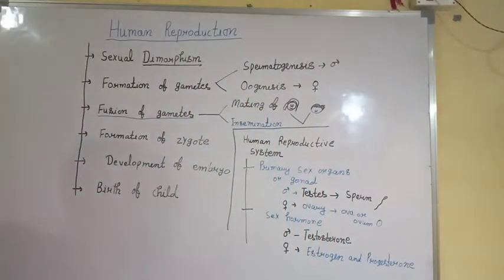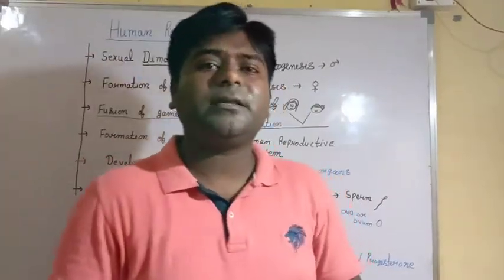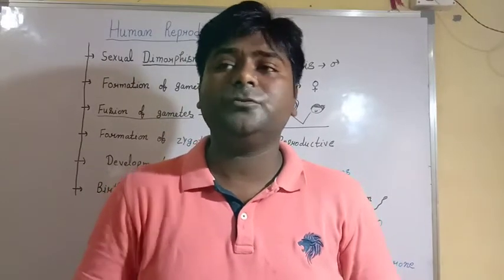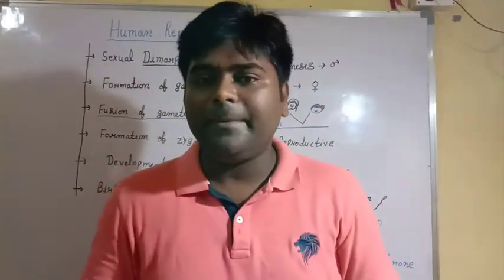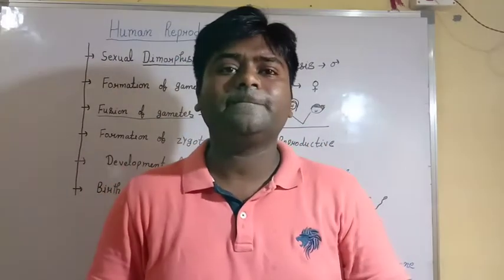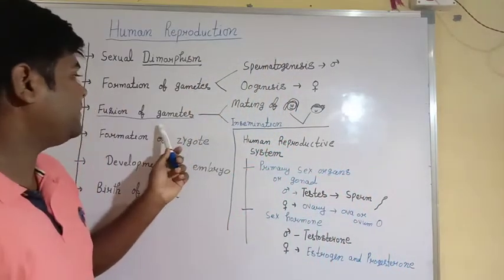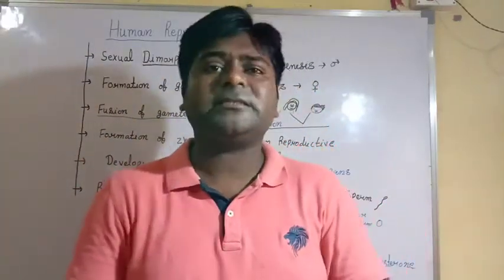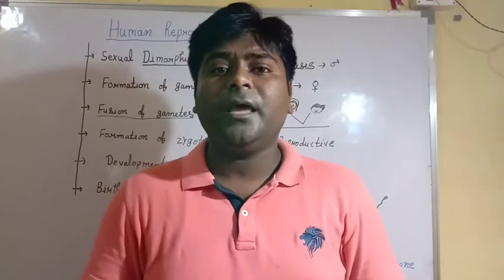After the formation of gametes, what is required for reproduction? The gametes should meet together, that is fusion. And that fusion is fertilization. When gametes fuse together, we call it fertilization. For the fusion of gametes, male and female have to mate, and the scientific word for that is copulation.